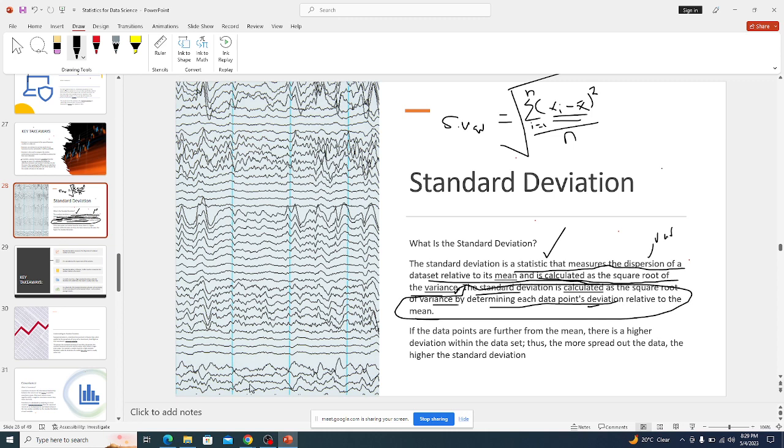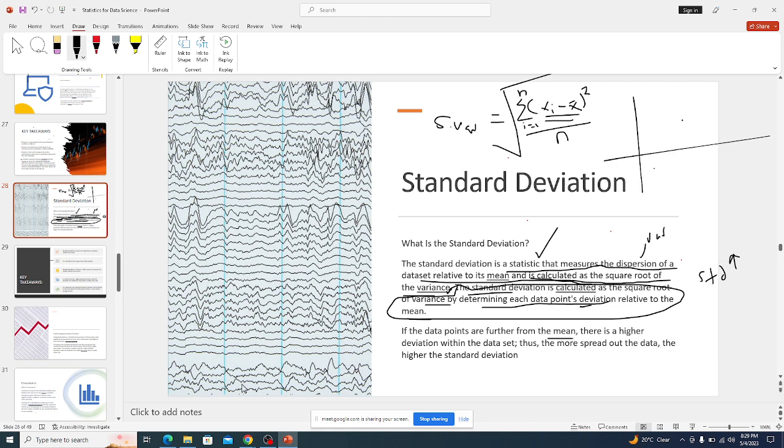All right. Also, if the data points are further from the mean, definitely the standard deviation will be higher. Let's assume this is our mean, and the data points are far away from the mean.